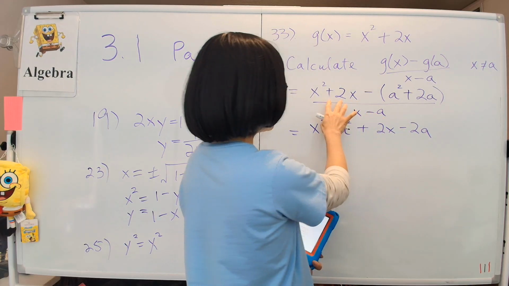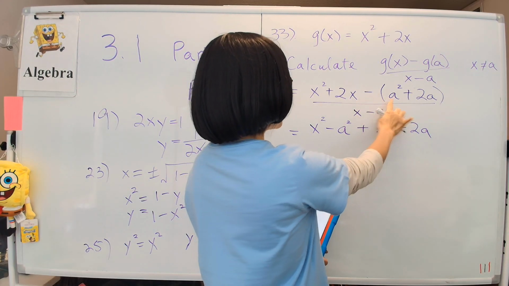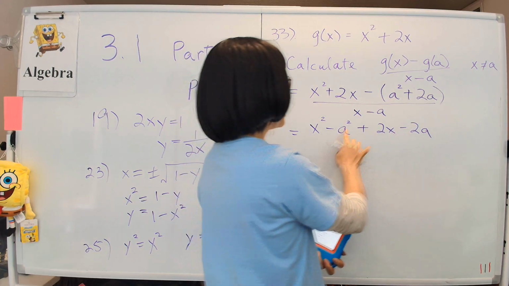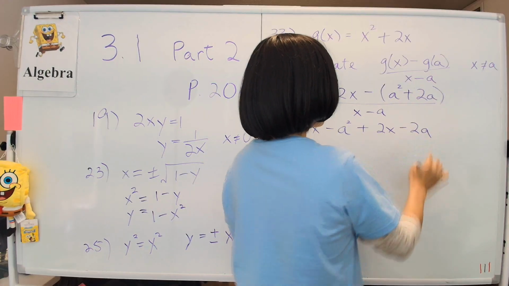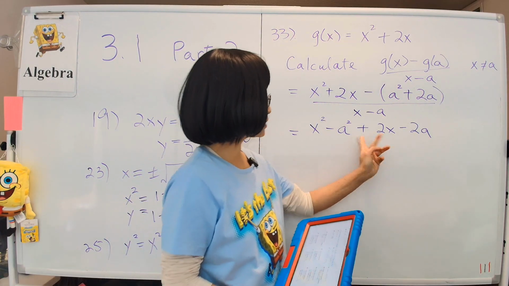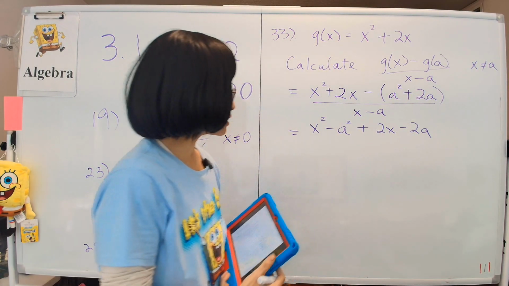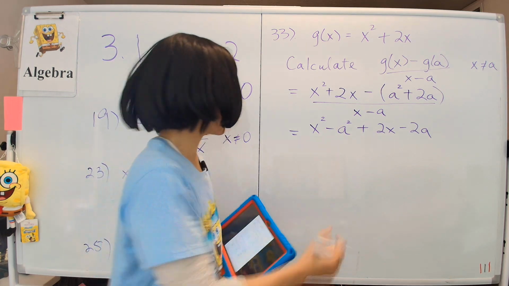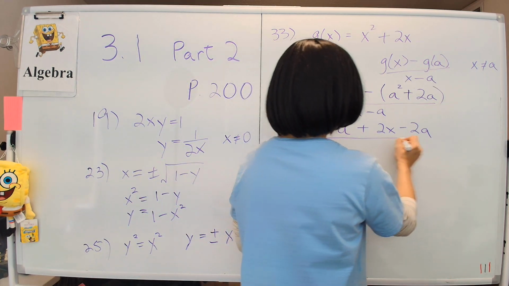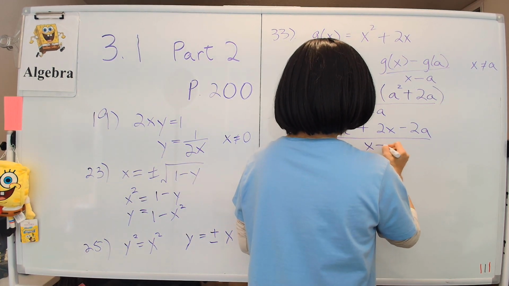Here's the 2x, there is minus a squared, which I write over here, and then minus 2a, which I write over there. So I sort of switch the positions. Why am I doing that? Because we're going to play a factoring trick on this thing, all divided by x minus a.